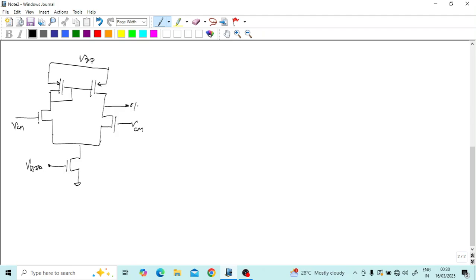Here we are taking the output. What is the maximum voltage that we can apply at this VCM such that all our transistors will be in saturation? That we call ICMR plus.